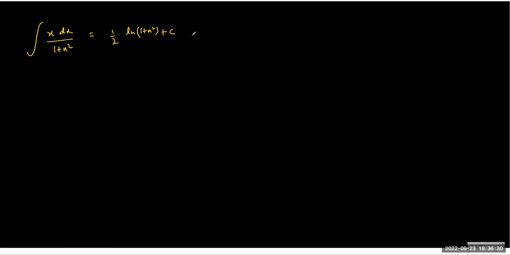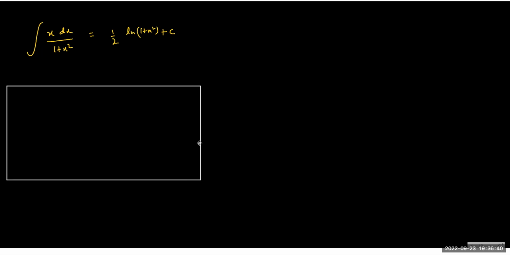Now, the plus C has been a mystery for long, but it's not really a mystery. So let me give you a small idea why we write plus C. What is the differentiation of x square? We all know the answer, 2x. What is the differentiation of x square plus 2? Same answer.